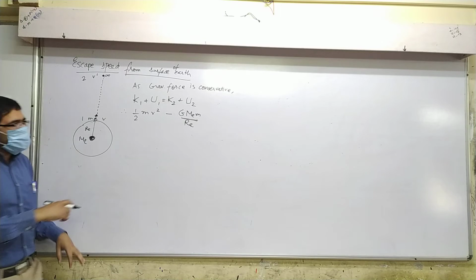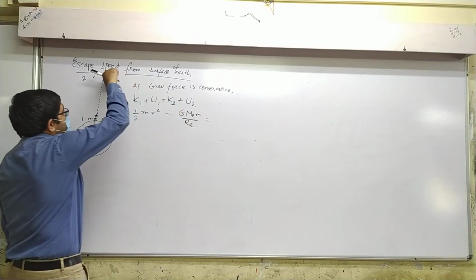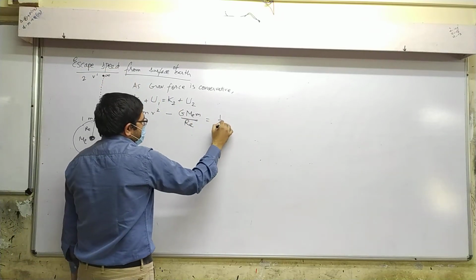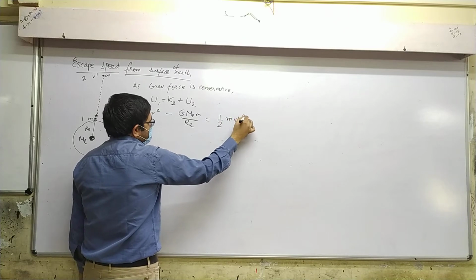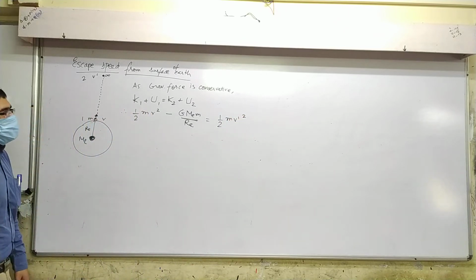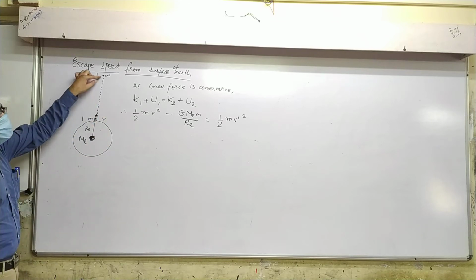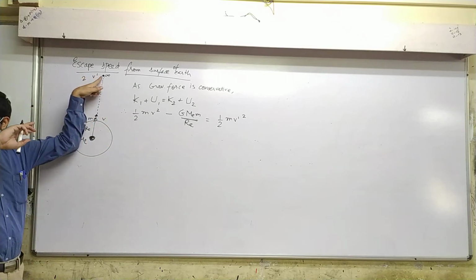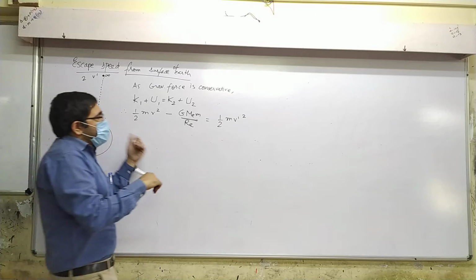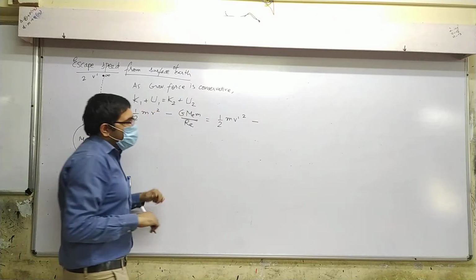Now finally, when it reaches there, it's going to be half m v dash squared. Okay, half m v dash squared, the kinetic energy when it reaches very far. Minus the potential energy again.